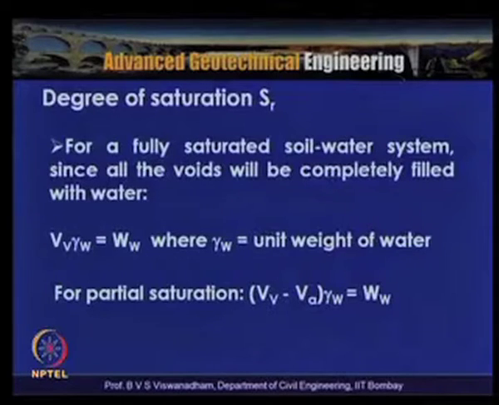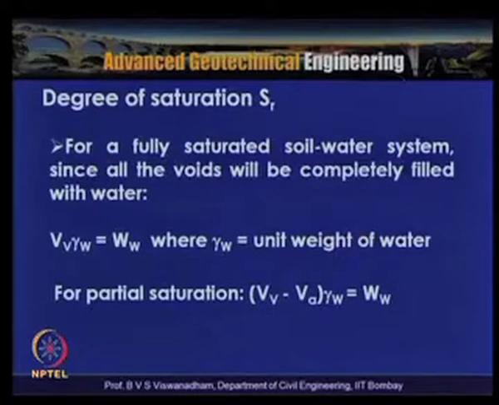Then there is another important term which indicates the degree of saturation of a soil, which is defined as volume of water to volume of voids. That means volume of water within the volume of voids. Let us see how this can be deduced through this slide. For a fully saturated soil water system, since all the voids will be completely filled with water, we can write Vv gamma w as the weight of water.